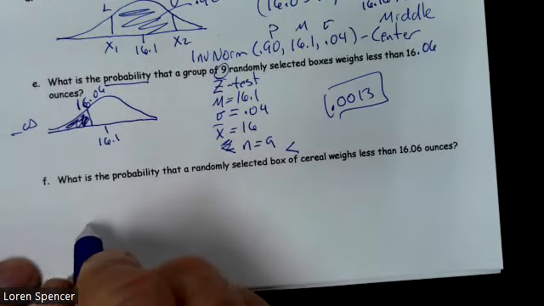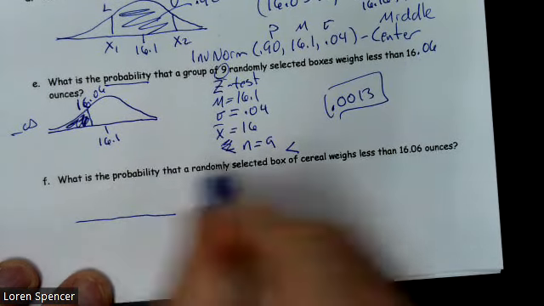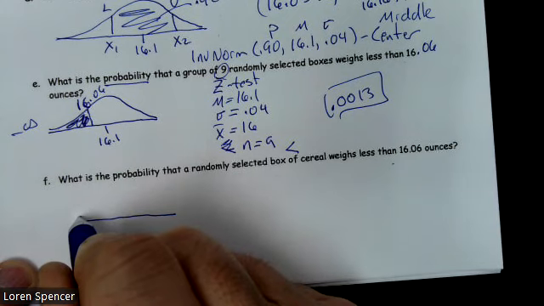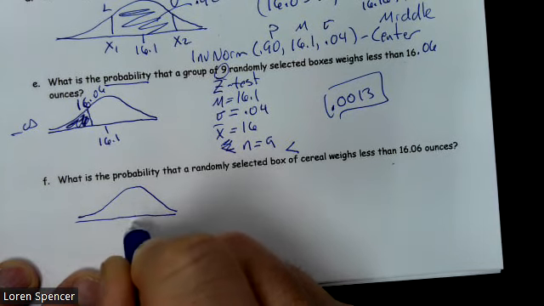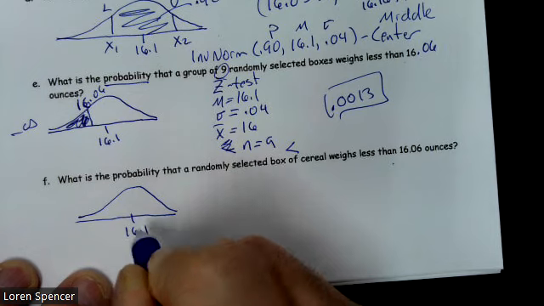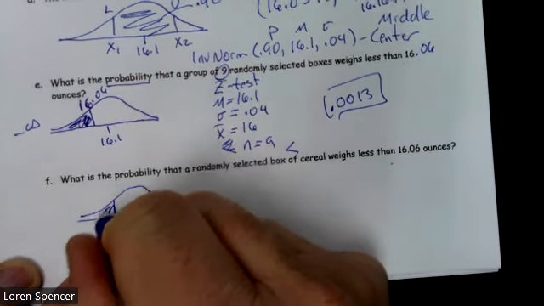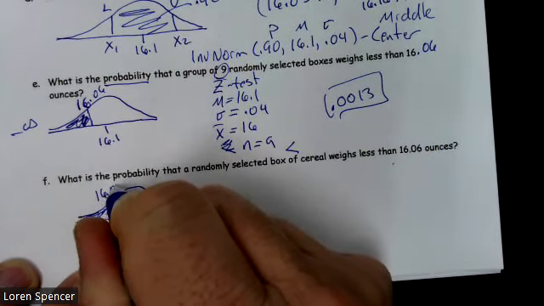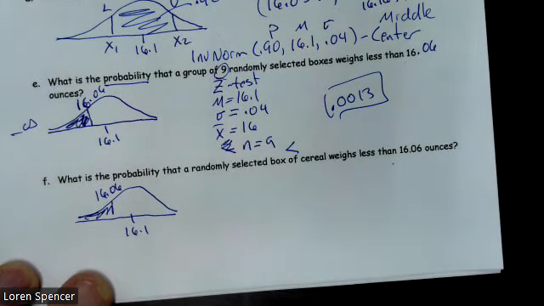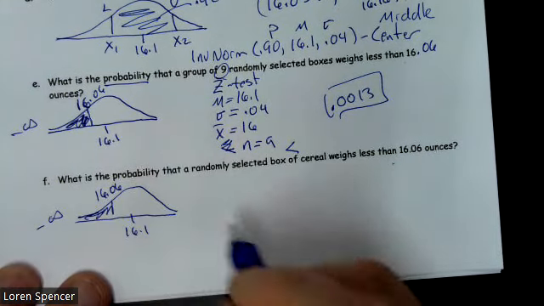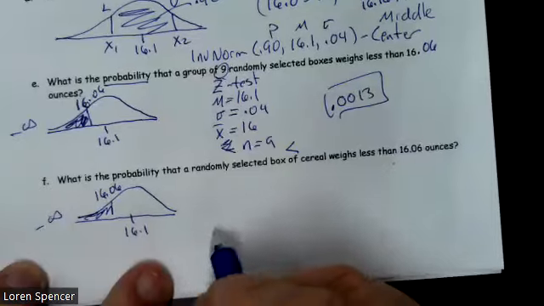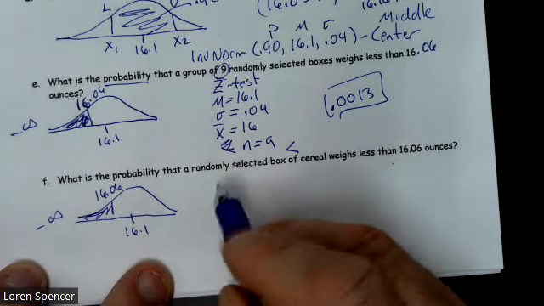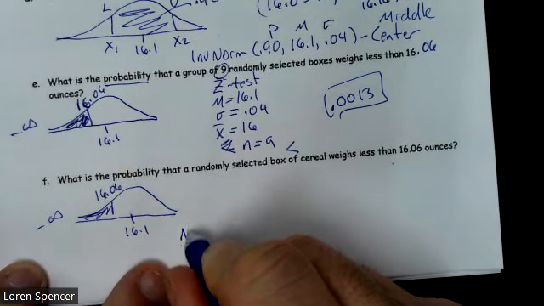All right, so this is the randomly selected box, and I changed it here, but not above. So this is 16.1. This needs to be 16.06. And we're working with a box, so that just means that's one box.